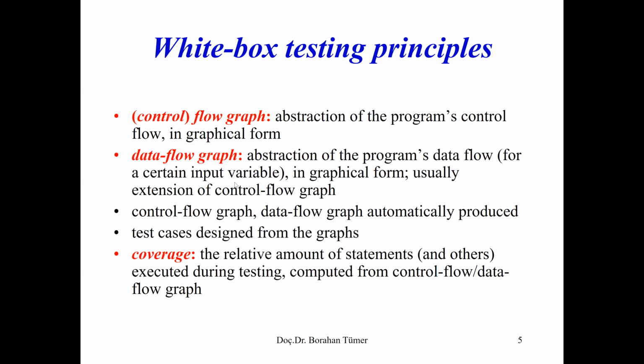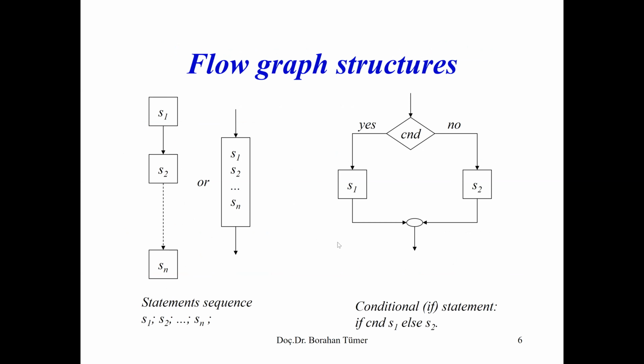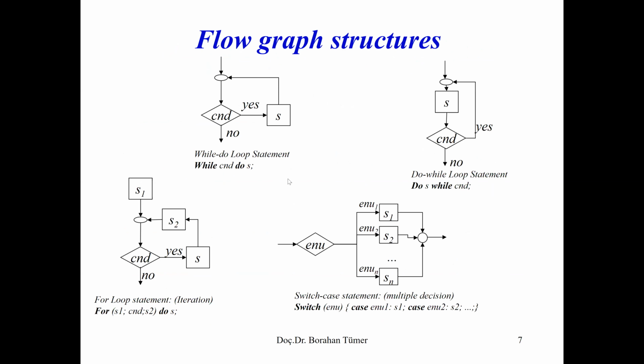And then we defined the different flow graph structures: a statement sequence or statement block, decision structures, the conditional if structure. We mentioned the while loop, do while loop, the for loop, and the switch case statement.